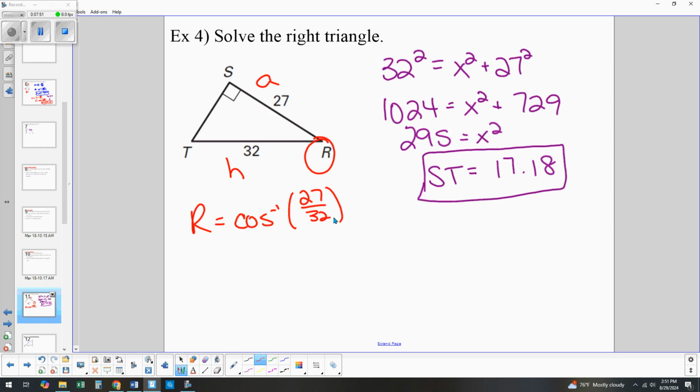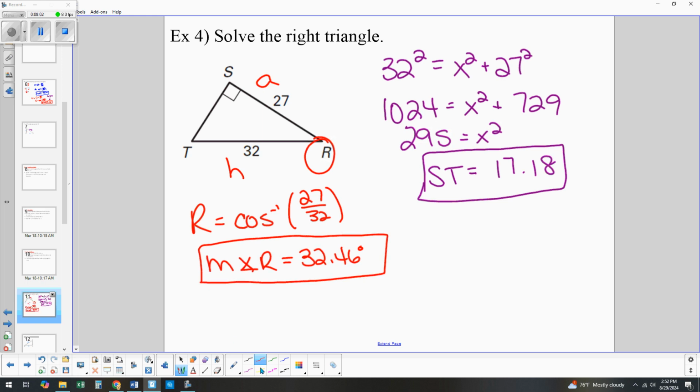So inverse cosine of 27 over 32. The measure of angle R is 32.46 degrees. And if I do 90 minus 32.46, that would give me the measure of angle T is 57.54.